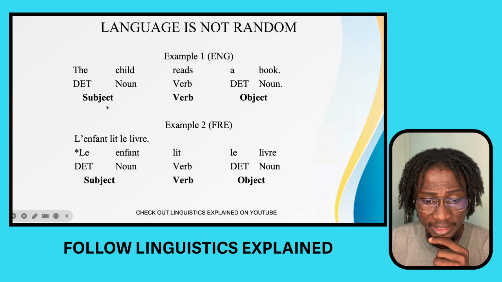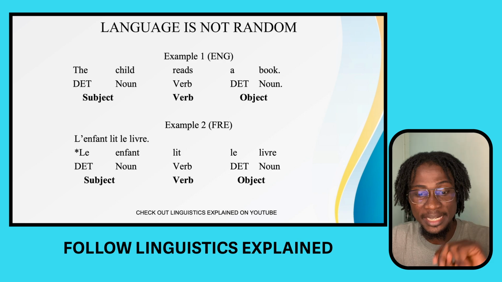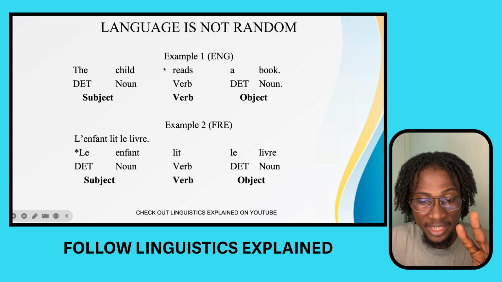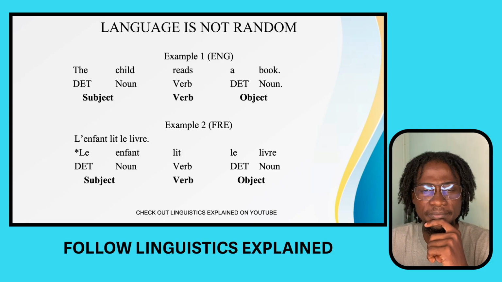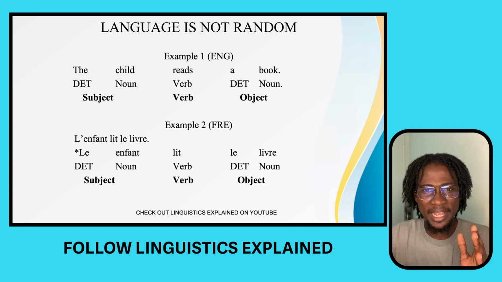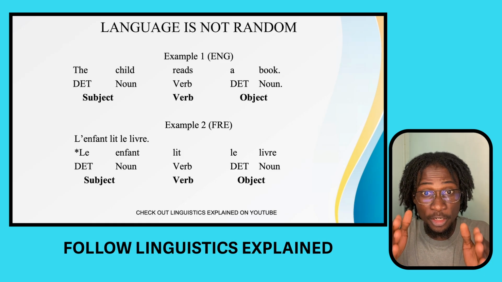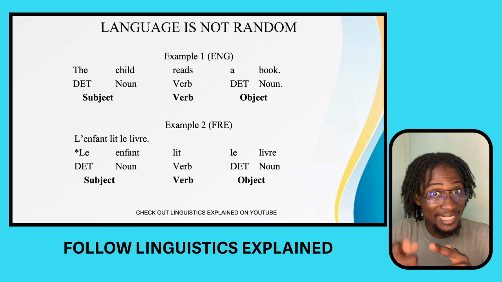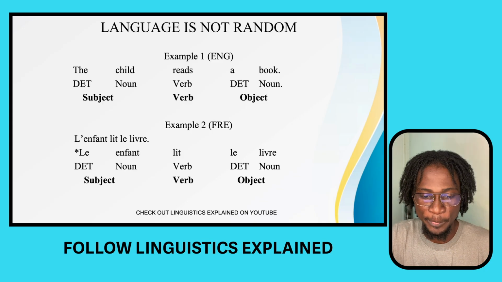In the subject position, there are two words, right? There is "the" and "child", a determiner and a noun. Look at them very well. In the next slide, I'll ask you a question and you tell me what you think is happening here.